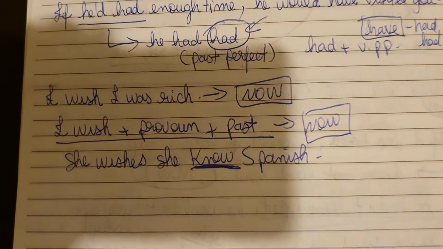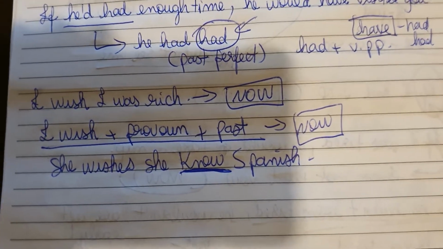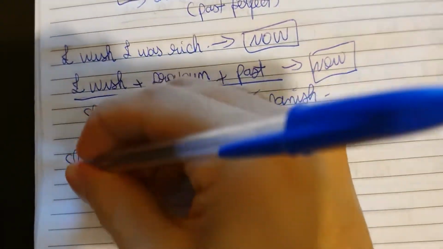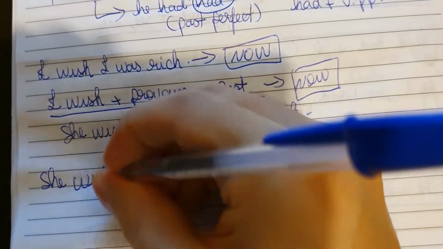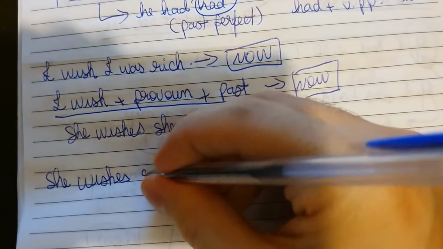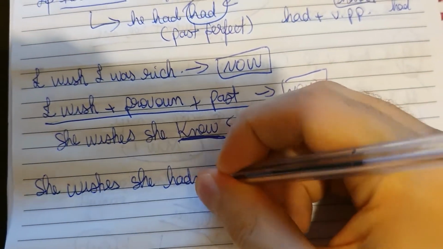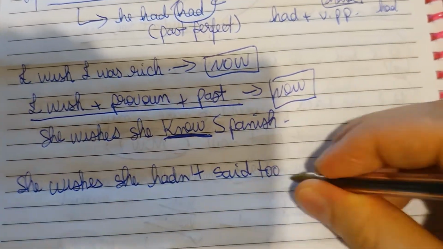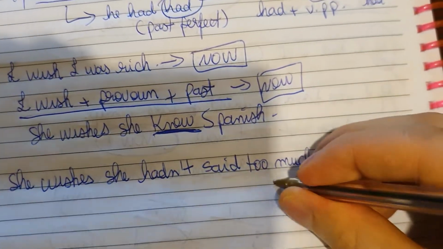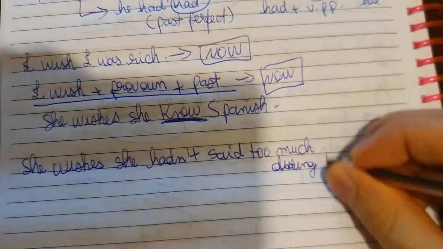In the same way, you can use the past perfect after wish. She wishes she hadn't said too much in the meeting, during the meeting.